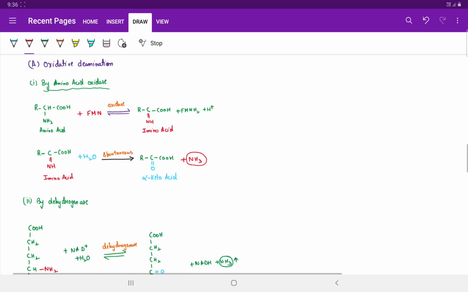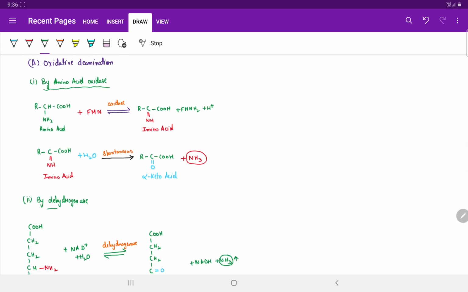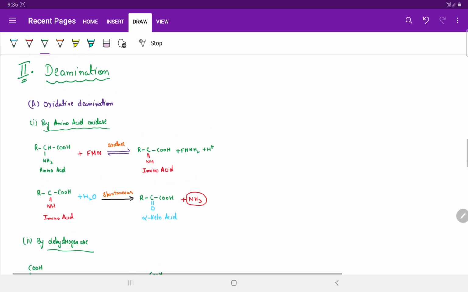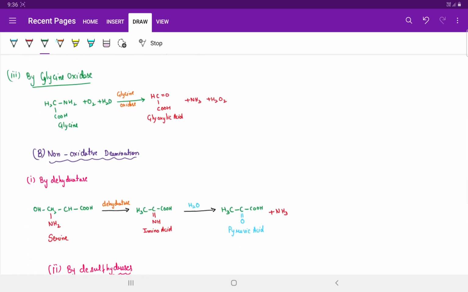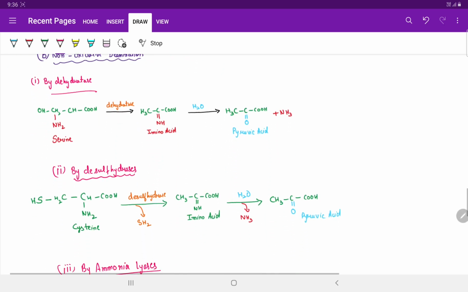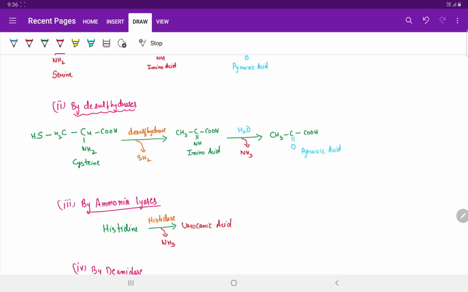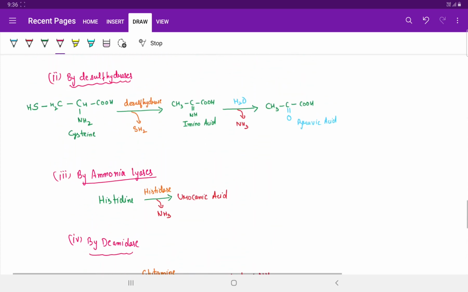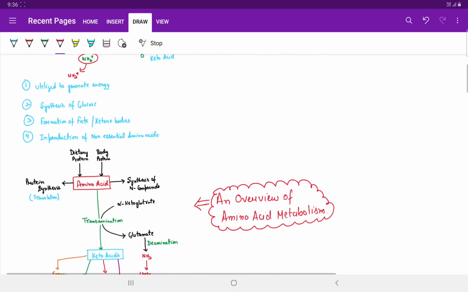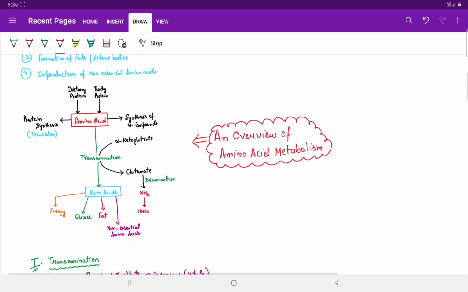By the oxidase enzyme and dehydrogenase enzyme we have covered the oxidative deamination, and in the non-oxidative deamination we have covered the dehydratase, desulfhydrase, ammonia lyases and deamidases. So students, I hope that the catabolism of amino acids is clear to you now.